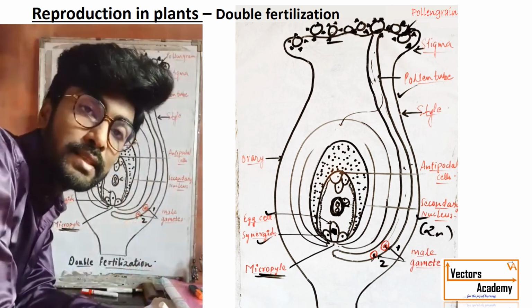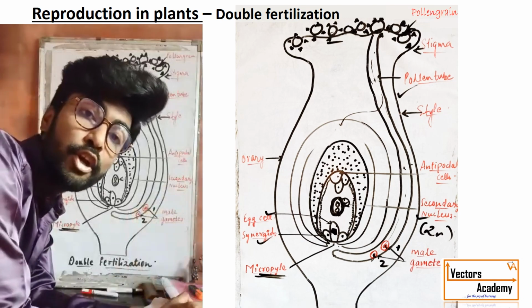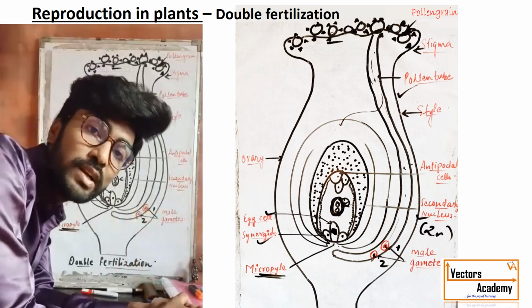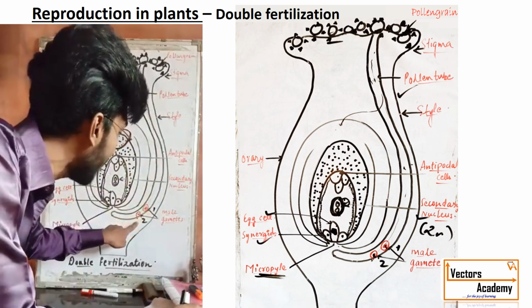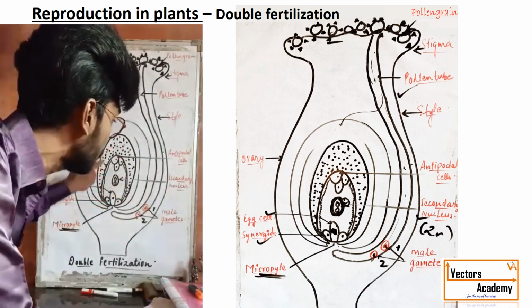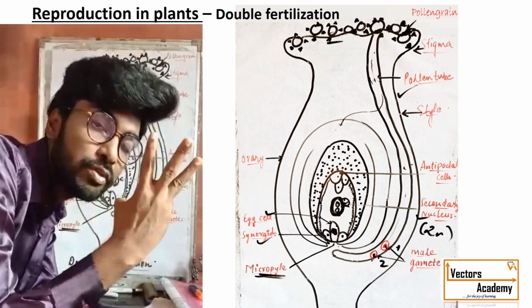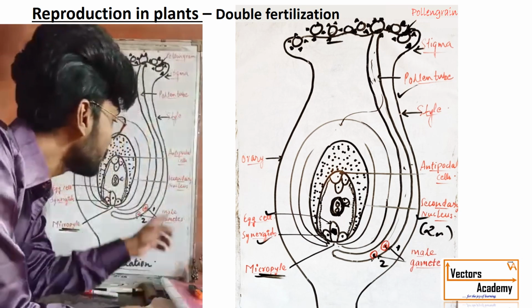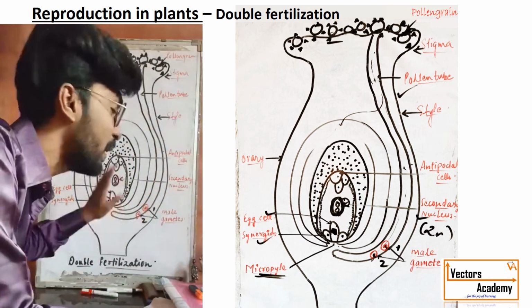Once the pollen tube is ready, its entry will take place towards the female gamete. This pollen tube carrying two male gametes will enter towards the female gamete, but via three important passages. First, sometimes the pollen tube enters through the micropylar end.